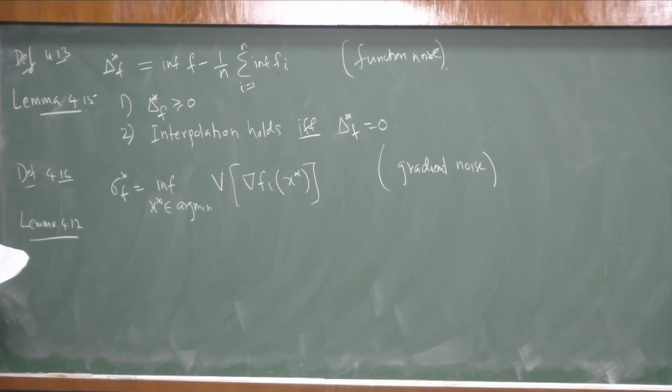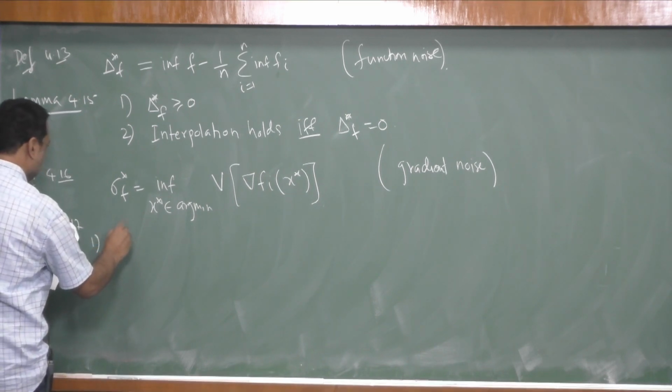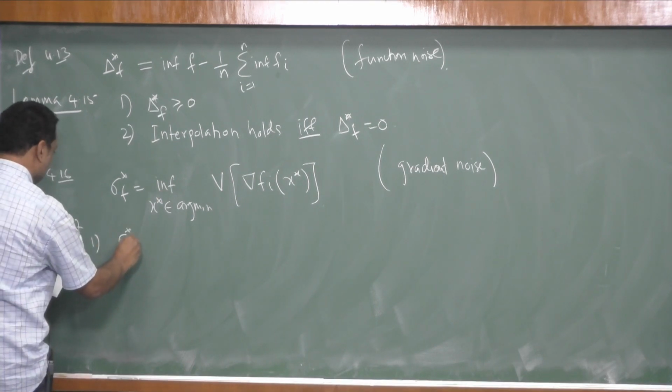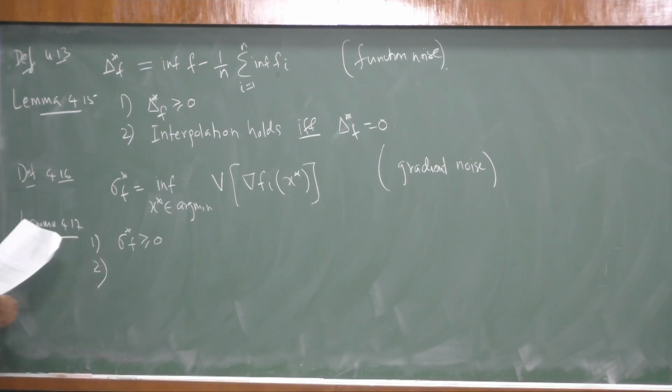We had one variant of the proof. We will do another, cleaner variant today. For the gradient noise, we have sigma star f is greater than or equal to 0. The fact that it's a variance makes the first argument trivial.